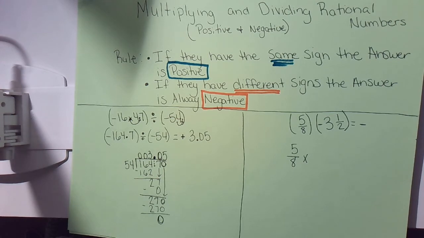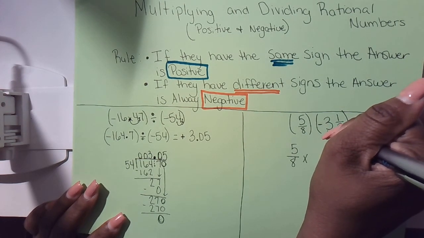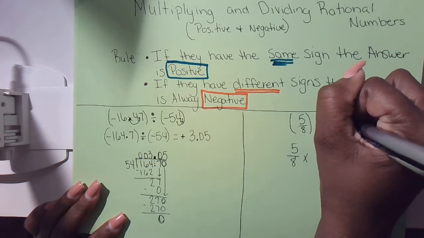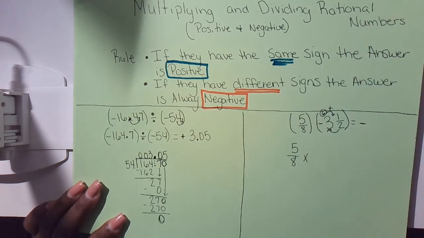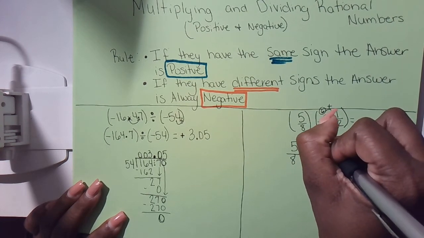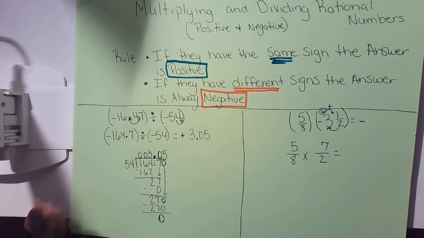If I do that, I'm going to multiply 2 times 3, which gives me 6. And I'm going to add in my numerator, which gives me the number 7. So I want to put 7 over 2. Now I want to simply multiply across.